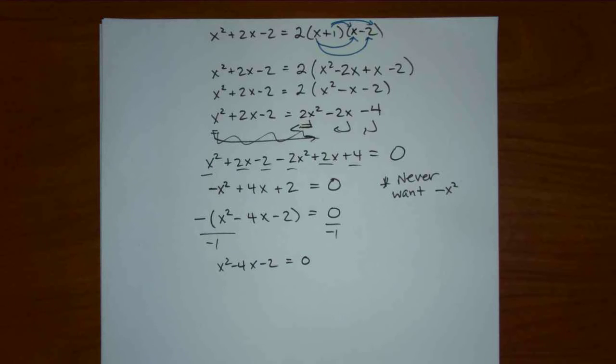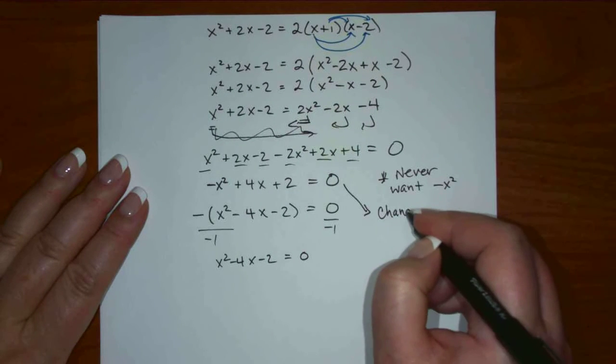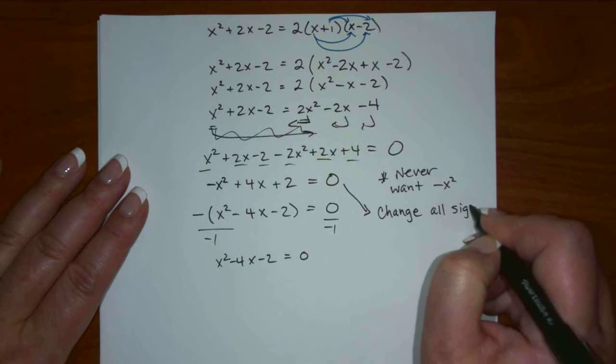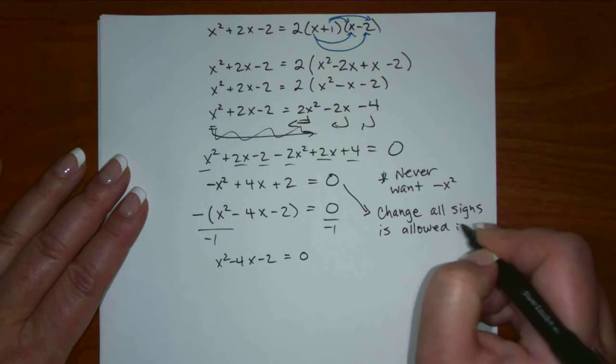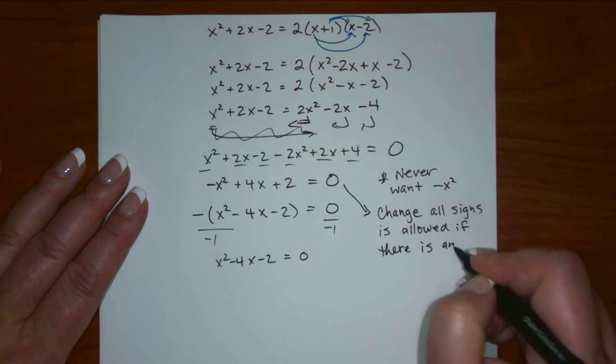If there's an equal sign, you can just change all the signs, always, right across. So that's another option, and that's what I normally would do. Changing all signs is allowed if there is an equal sign.